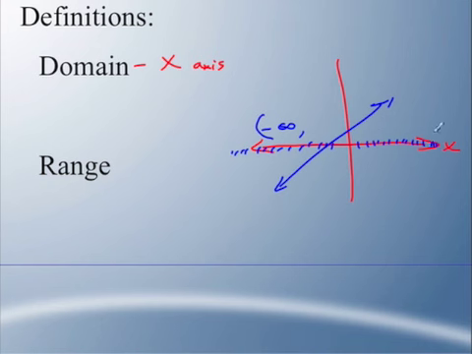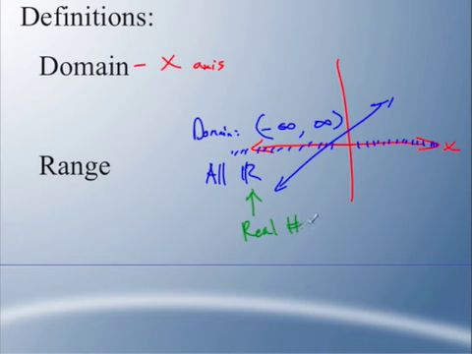This line never stops, so this is going to be infinity. And we just found out that the domain of this line is negative infinity to infinity, or your book usually will say all real numbers. And this fancy R right here, all that means is real numbers.